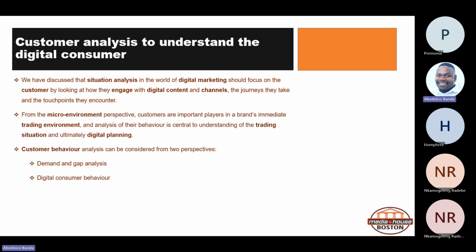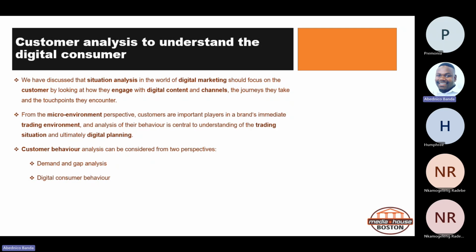Consumer behavior analysis can be considered from two perspectives. The first perspective, of course, is a demand and gap analysis. You'd hear people saying, you know what, I'm targeting these customers because there's a demand in that sector. Or the young ones, they want All-Star Converses.